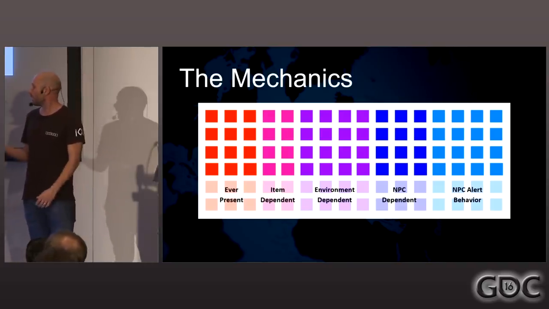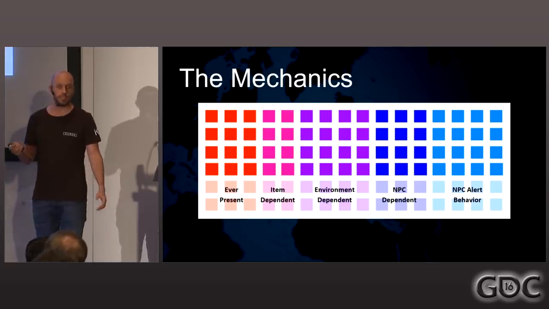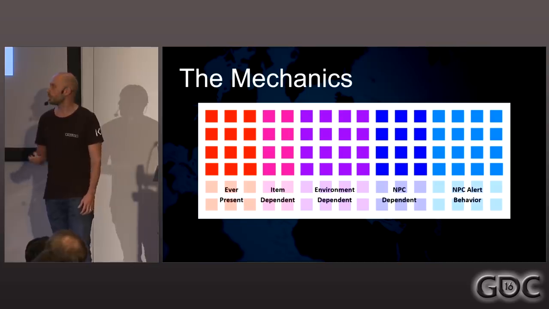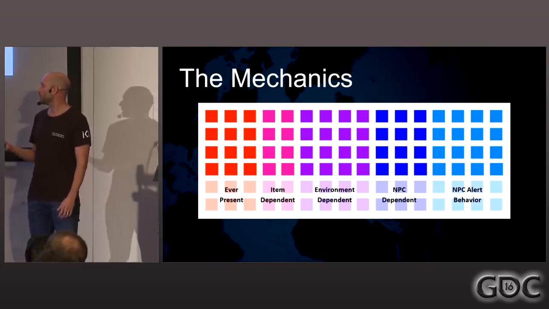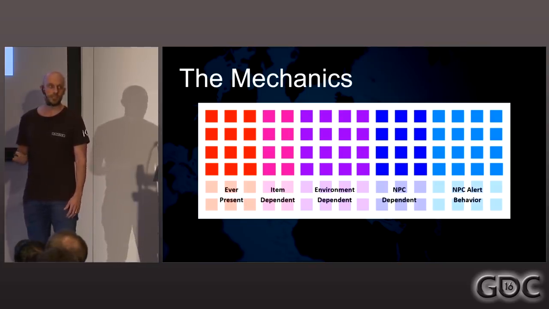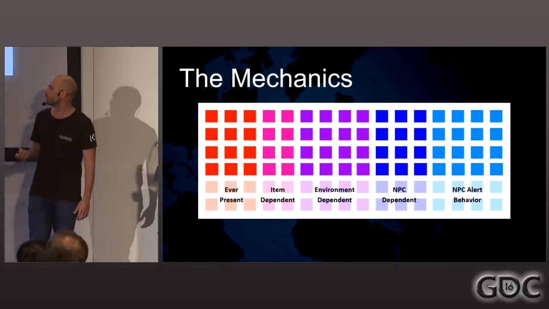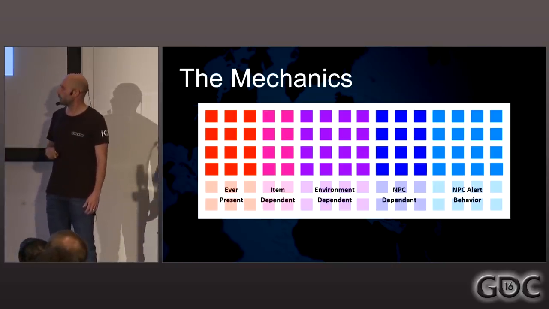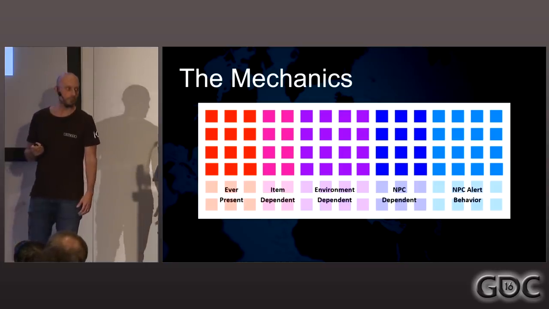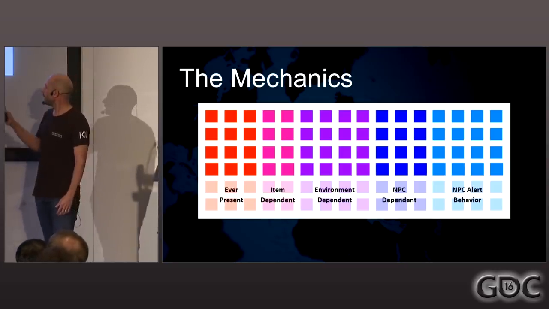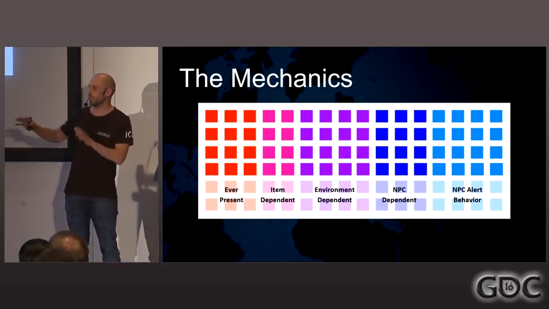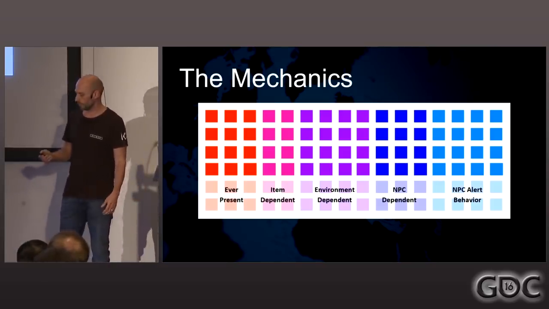Item-dependent ones are things that require specific items that unlock new kinds of actions with 47. And then we have the environmentally dependent ones, such as agility, drain pipes, cover systems, and all of that. And then we get to the juicy bits, which are the NPC-dependent ones. Of course, you need people to subdue and kill and all of that stuff. And then on the far right, we have the NPC alert behaviors, which is when they get angry, right? There's something that we also want to do.